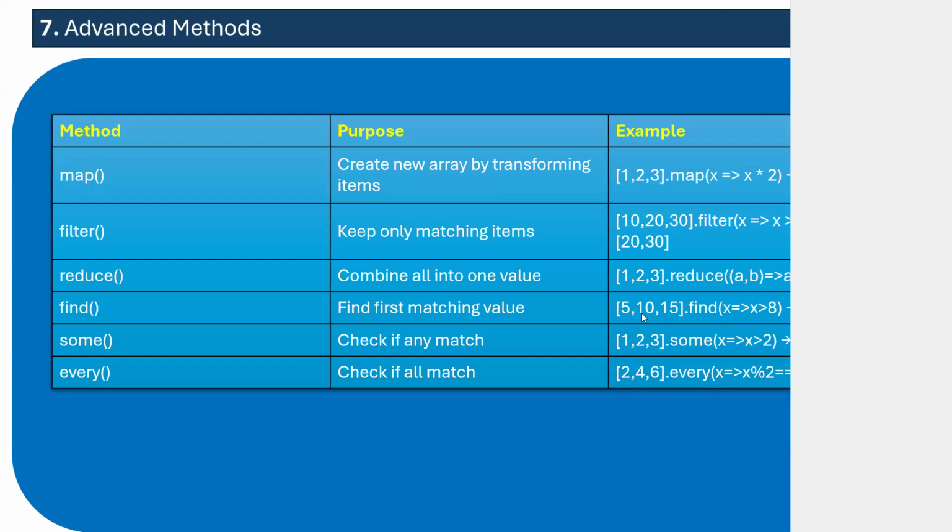False. 10, true. 15, true. What is the first matching value? 10. Here you will get false, true, and true. The first matching value is 10, so your find will return 10. Am I clear on how find works? Yes, sir.